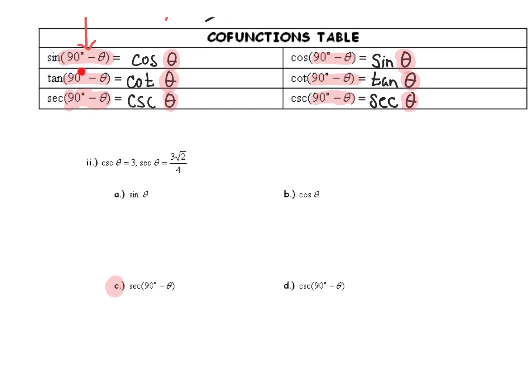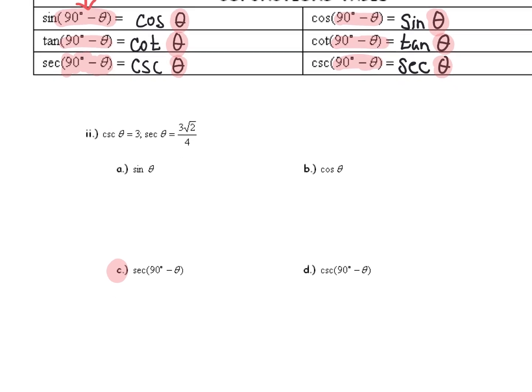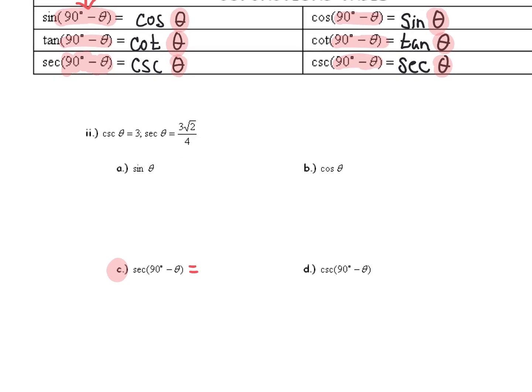As you read through this chart up here, I'm looking for the secant of 90 minus theta. The secant of 90 minus theta is equal to the cosecant of theta. Nice job. So that's going to be my first step. I'm just writing down what secant of 90 minus theta is equal to.